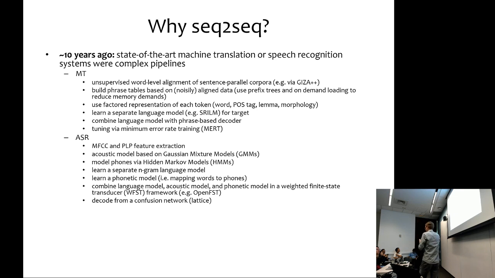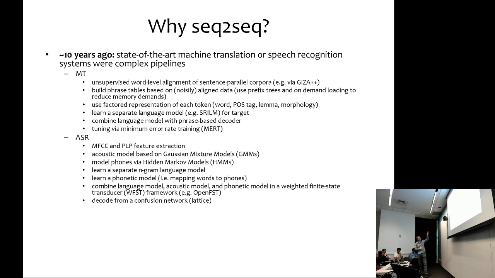The same way that you could imagine having a phrase book for your favorite language when you're going on vacation to, I don't know, Greece and you don't actually know how to speak it. Here, these would then rely on other tricks like prefix trees and on-demand loading because these phrase tables would be so huge that they wouldn't fit in memory.